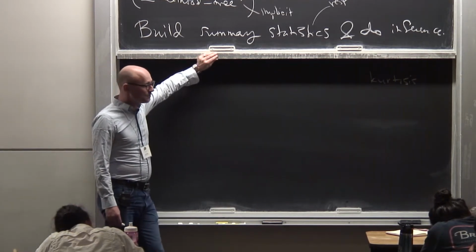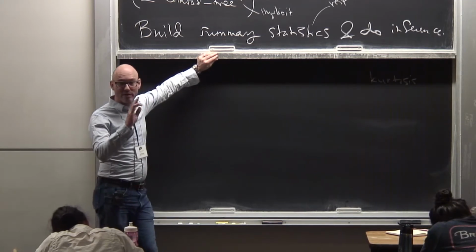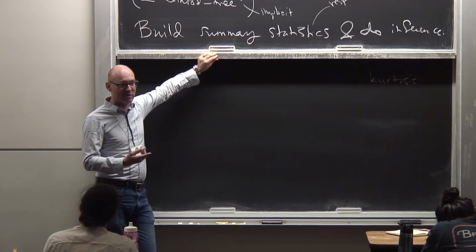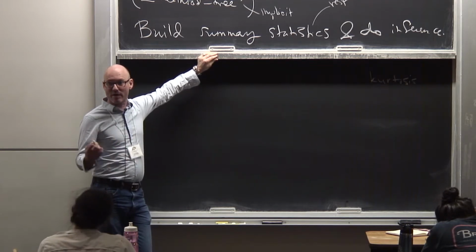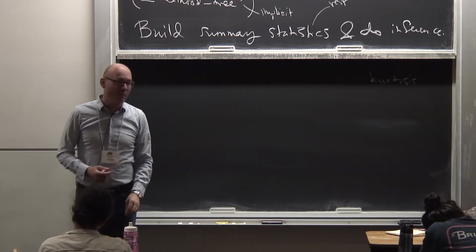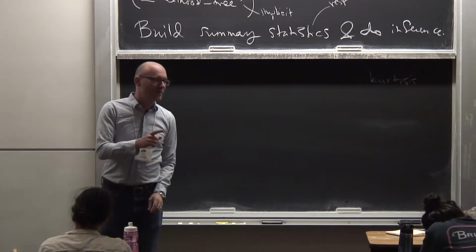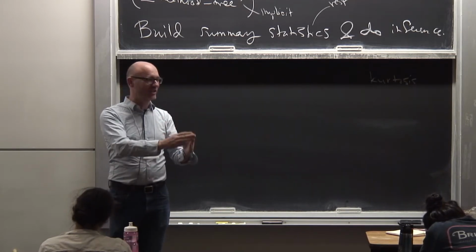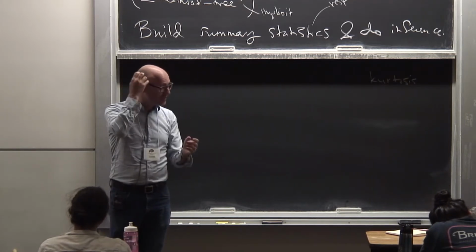So I want to focus on the second order statistics, the variance, because most of the information about the cosmological field comes from the variance of the galaxy distribution, which, if you work in real space, is usually called the correlation function. And I'm a big believer in real space.